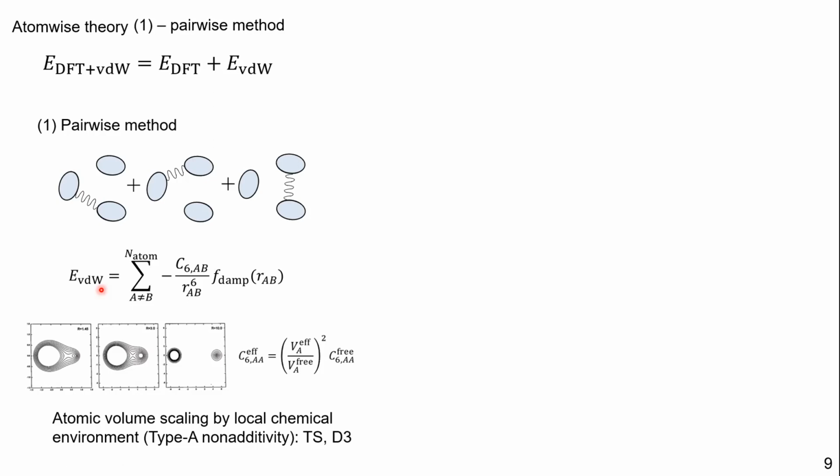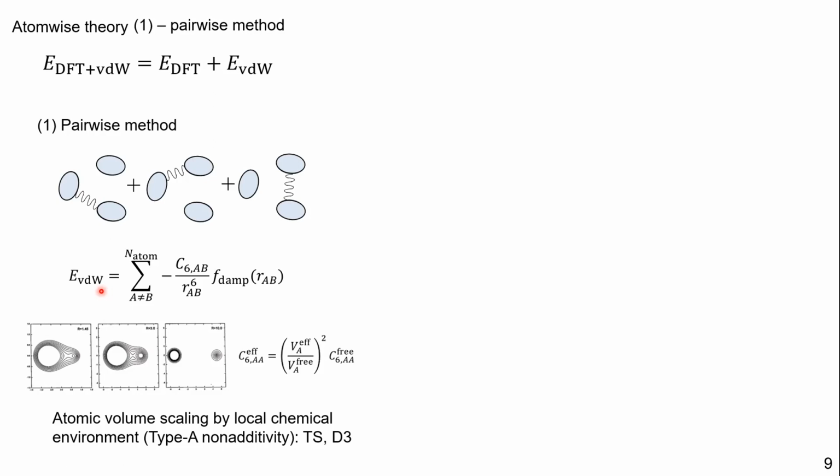Because this potential diverges as R goes to 0, they put in a damping function to prevent this diverging behavior as the atoms approach each other. These potentials are summed in a pairwise way to get the total van der Waals interaction energy. So it is a very simple model and very fast for computation.